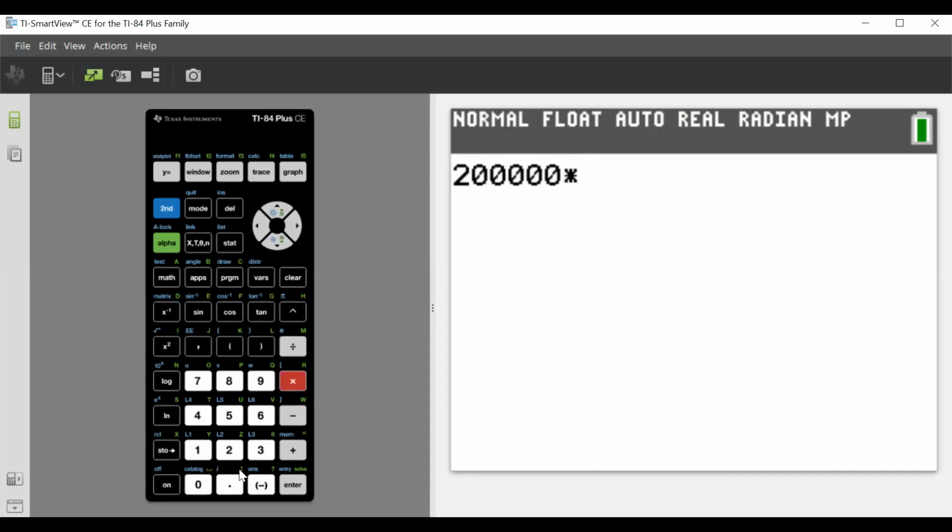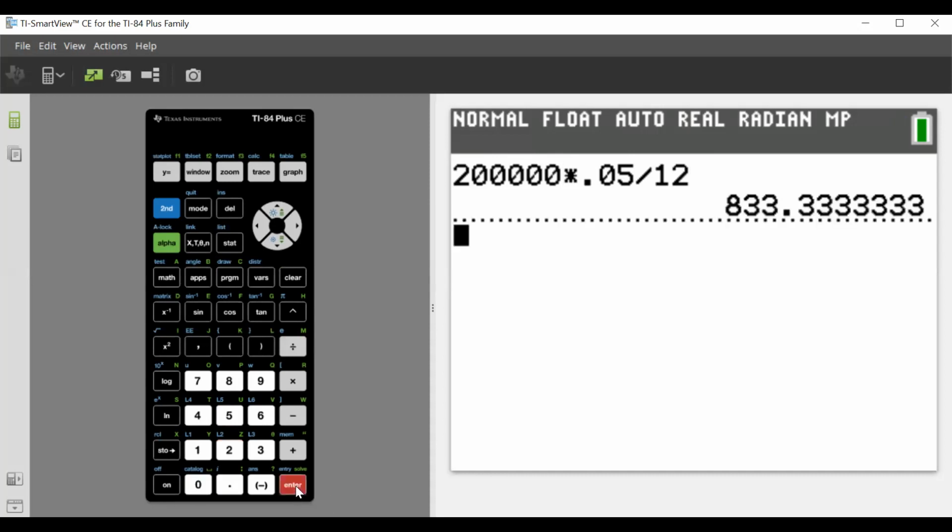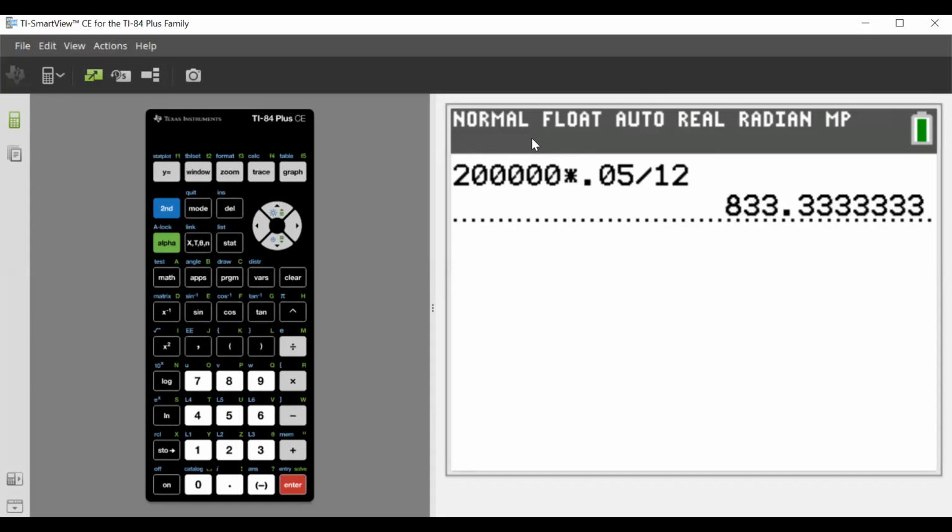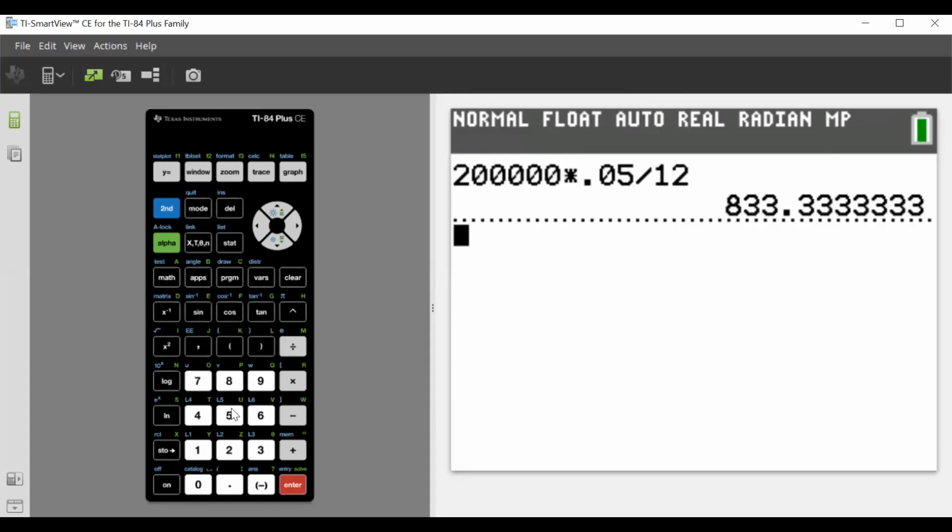Then we multiply by 0.05 divided by 12, because we're doing it just for 1 month. So it's times 1, then divide by 12, but when we times 1 we don't really need to put that in there. That means our interest paid for that first month is going to be $833.33.